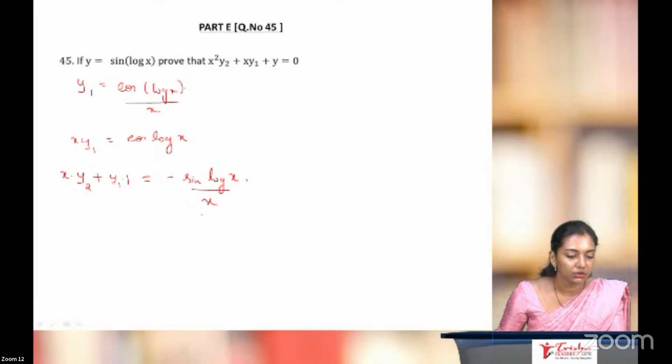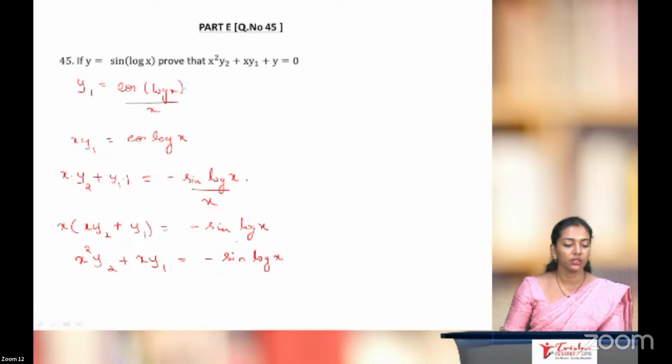Okay. So now take this x to the left hand side and multiply. So x into xy2 plus y1 equal to minus sine log x. So x is multiplied to this. Now what happens? x square y2 plus xy1 equal to minus sine log x.